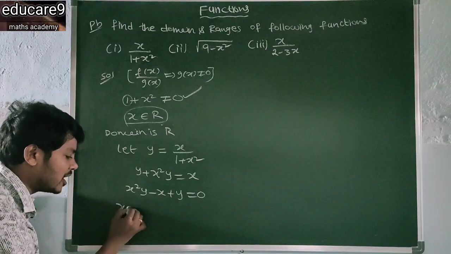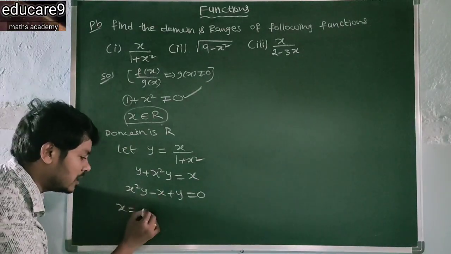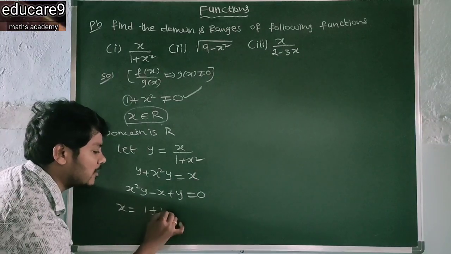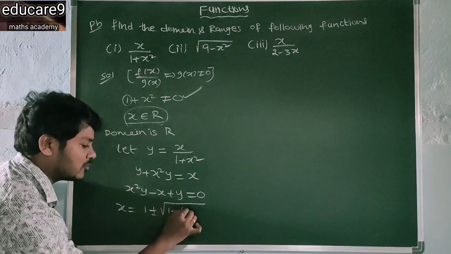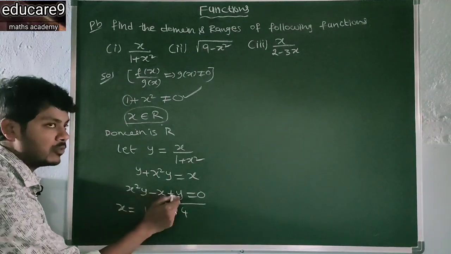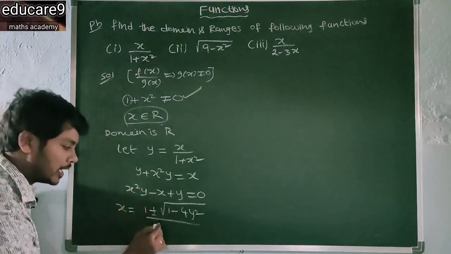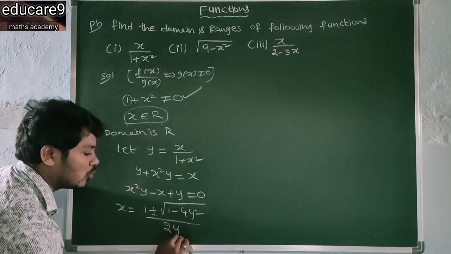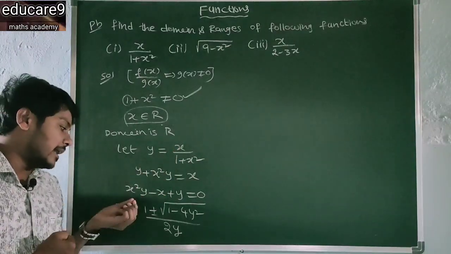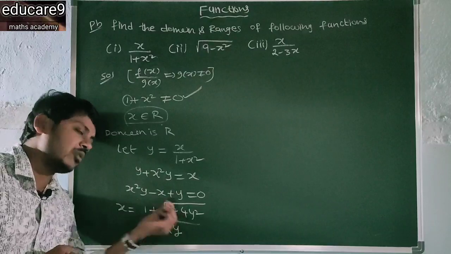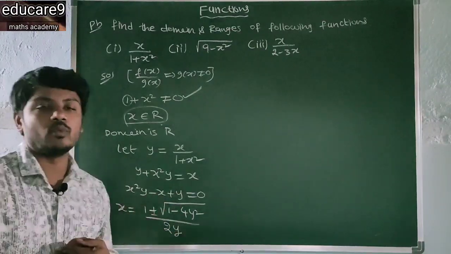Now clearly it is in the form of a quadratic equation. So what are the x values? Minus b, that is 1, plus or minus root of b square, that is 1, minus 4ac, 4y into y, 4y square, by 2a, that is 2y. So let the given function be equal to y, write x values in terms of y, and after that we have to apply the domain conditions.